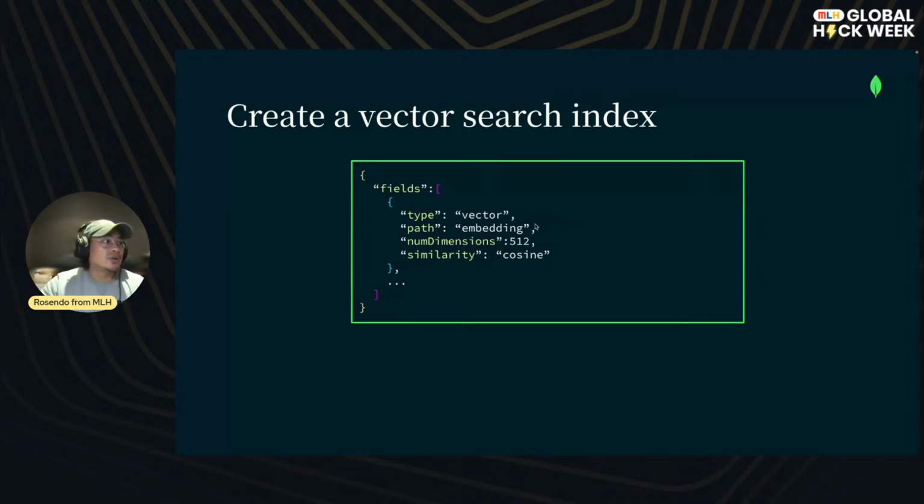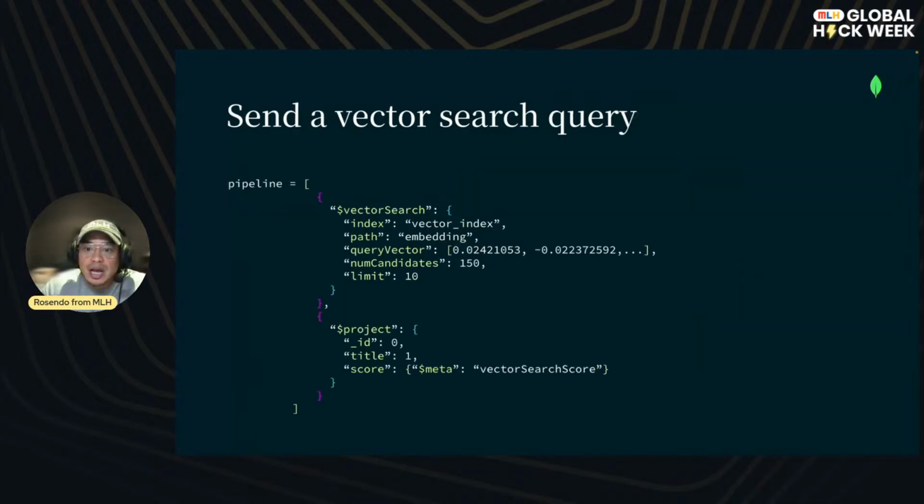You have a few options here. In this case, the number of dimensions is 512, and the similarity metric is going to be cosine similarity.